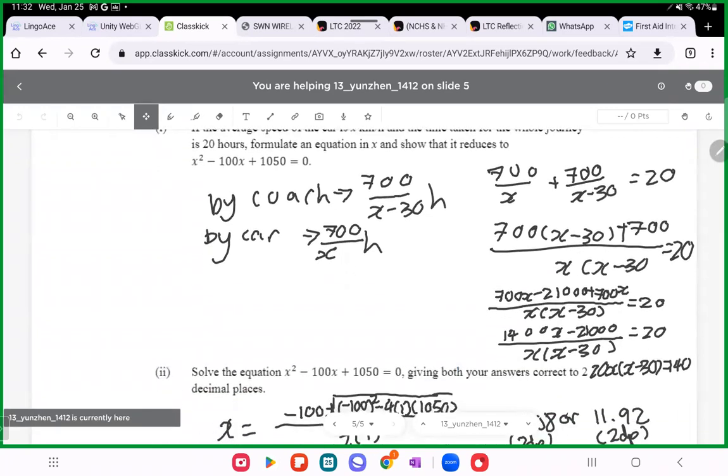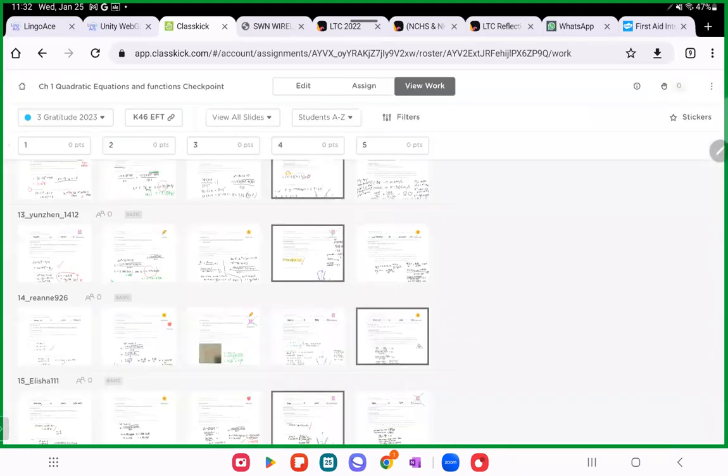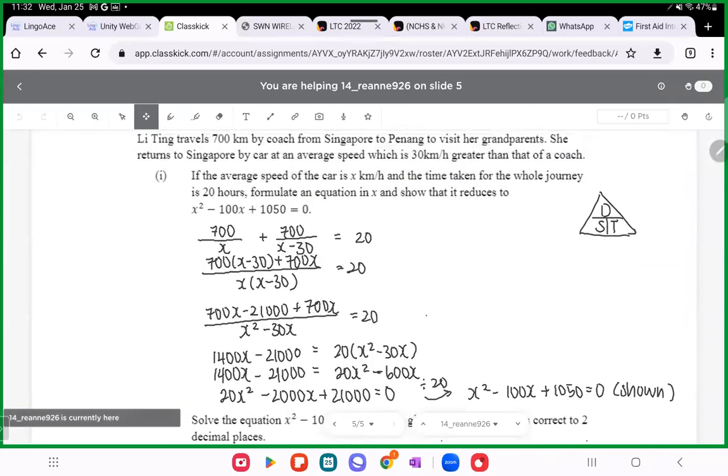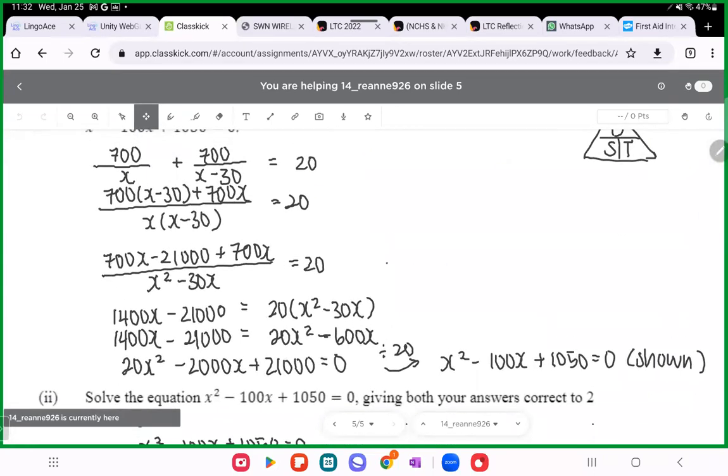You did it, because you are on the right track, you should be able to reach it. Maybe you write here, then you should be able to reach. Yeah, I think it's another way.